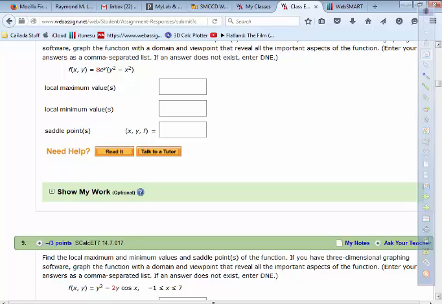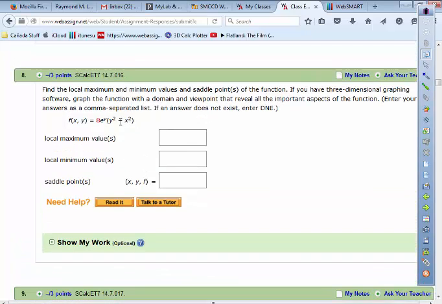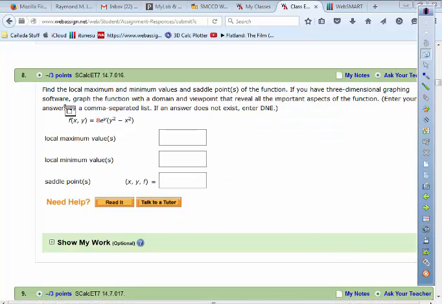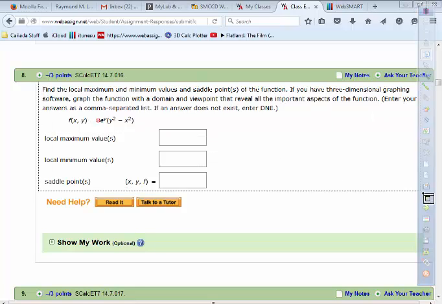All right, let's try this one. This one has an exponential function, but it also has some polynomials here. So let's take a look at this to see if this will give us a good variety, a good other type of problem.